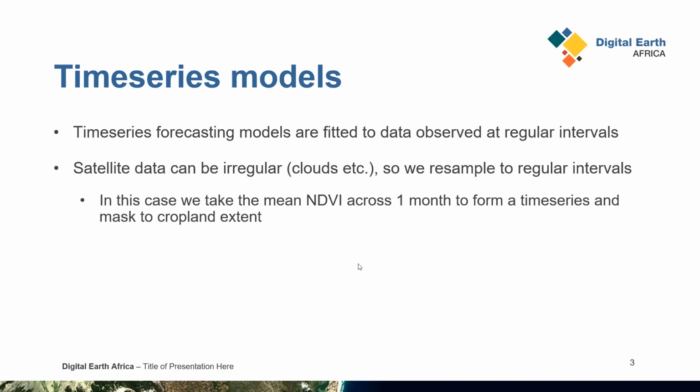So we're only forecasting cropland, and it means that the phenology or the regularity of the time series is a bit more consistent, and it makes it a little bit easier to forecast. So if users were interested in applying this forecasting, they might consider masking the spatial data to a particular land cover like forest or cropland.